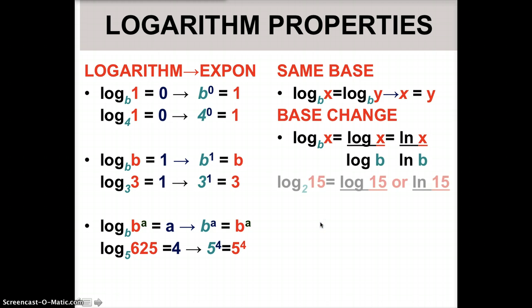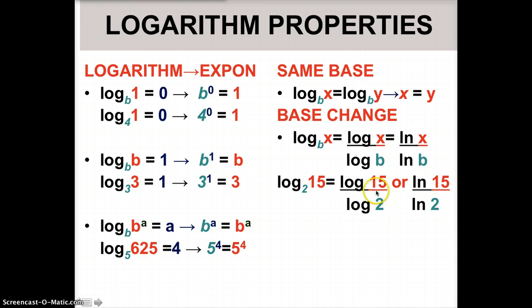Same base rule again. Base change formula. Let's see this illustrated. Log base 2 of 15 on a calculator you would put in as log 15 over log 2. Give you the same answer as the natural log of 15 over the natural log of 2.